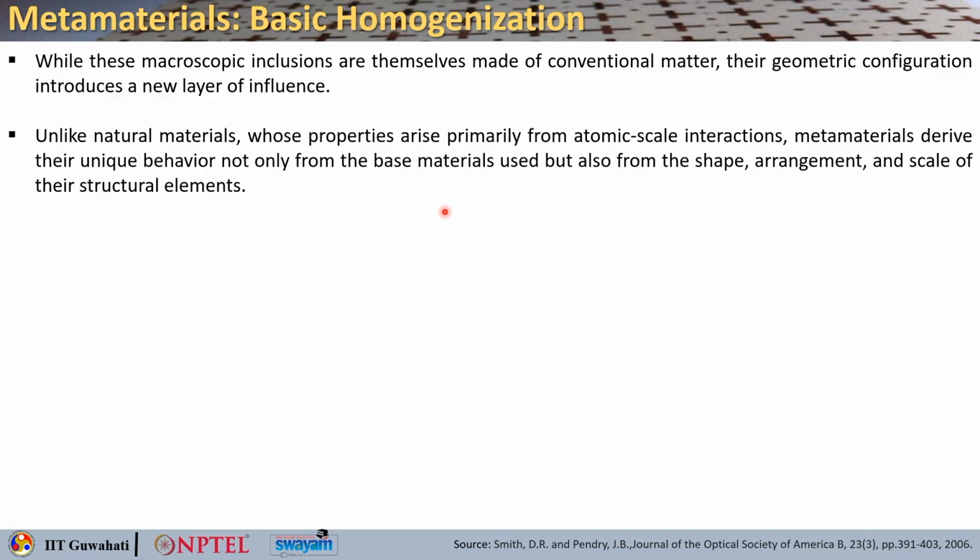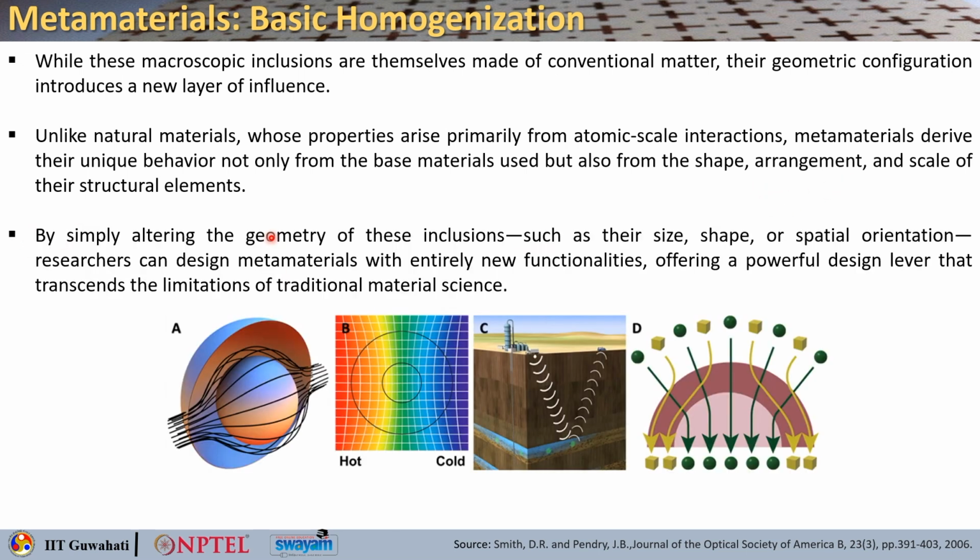So, unlike natural materials whose properties primarily arise from atomic scale interactions, in metamaterial devices the unique behavior comes not only from the base material, but mainly from the shape, arrangement and scale of their structural elements, and this is where the physical structure becomes the defining parameter of the overall properties.